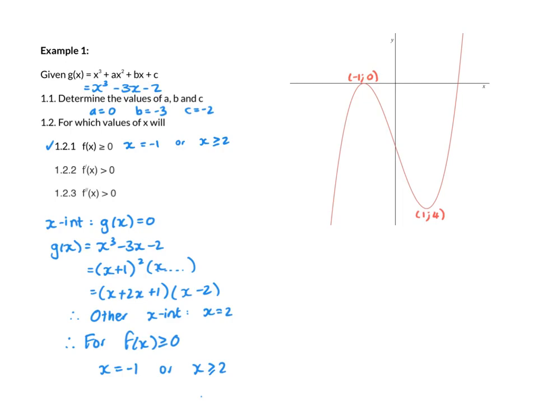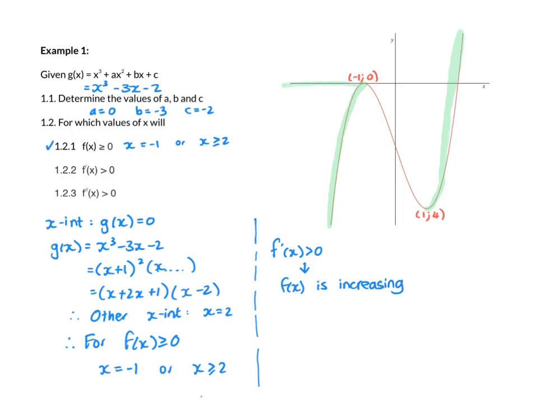1.2.2 asks when the derivative values are positive. Now the derivative values are positive when my original graph is increasing, because the derivative values give the rate of change. So I need a positive rate of change, and that positive rate of change will result in an increasing graph. So there in green, I've highlighted where the graph is increasing.